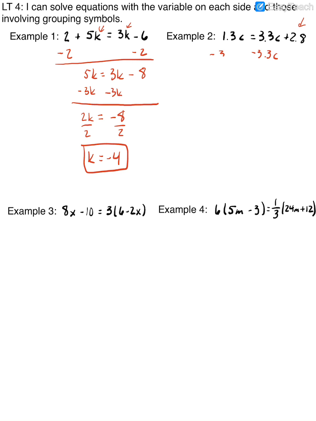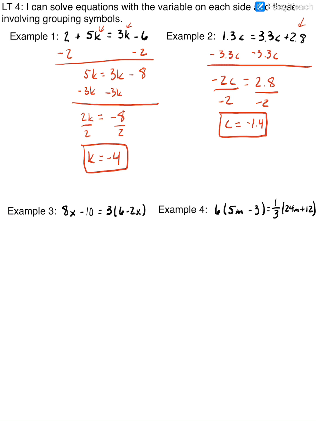That means I subtract it from both sides. 1.3c minus 3.3c is negative 2c. From there, I want to divide both sides by what's being multiplied to c, which is negative 2. So then that gets me negative 1.4. Okay, and that would be my answer.